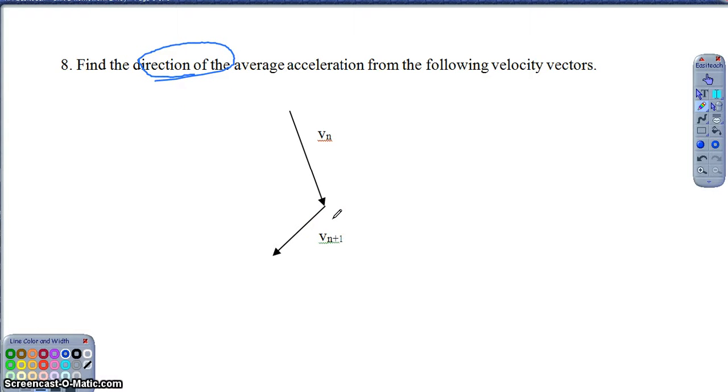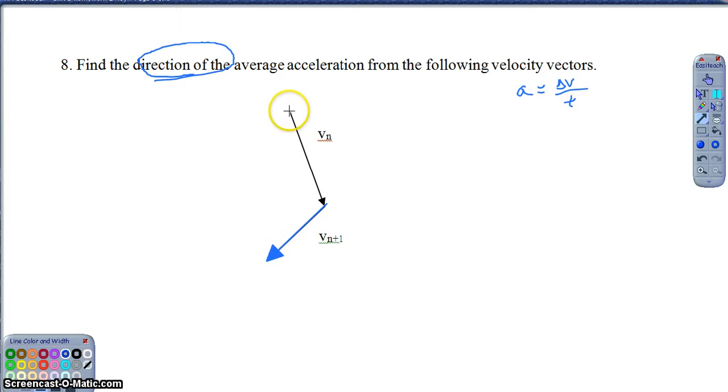To actually find the average acceleration, we would be missing information, because we know acceleration is change in velocity over time, and obviously I don't give you any instance of time, nor do I give you specific velocity vectors that you can work with, right? Okay, so this is more about understanding again the direction, which was the piece we looked at in class.